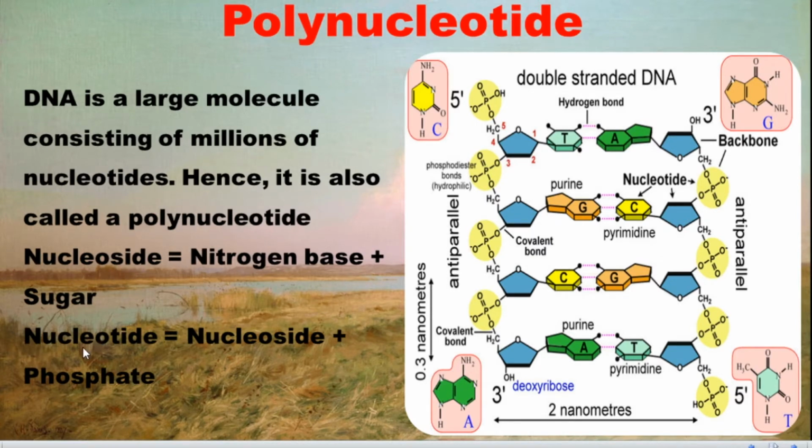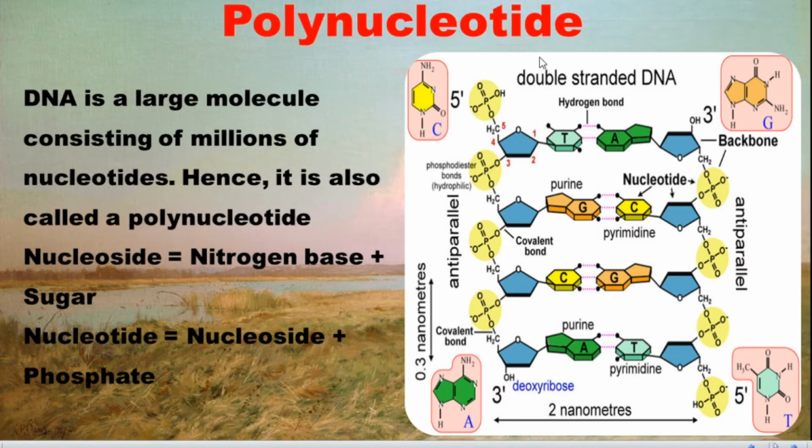So what do you mean by nucleotides? Nucleoside plus phosphate. What is the nucleoside? Nucleoside is nothing but nitrogen bases plus sugar. So another way: nitrogen bases plus sugar and phosphate, that we call nucleotides.